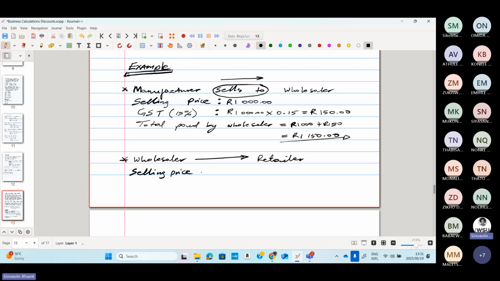If the wholesaler sells at this price, then the wholesaler will not make any profit because this is the same amount he bought the product with. So the wholesaler will say, I want to actually add up some amount.